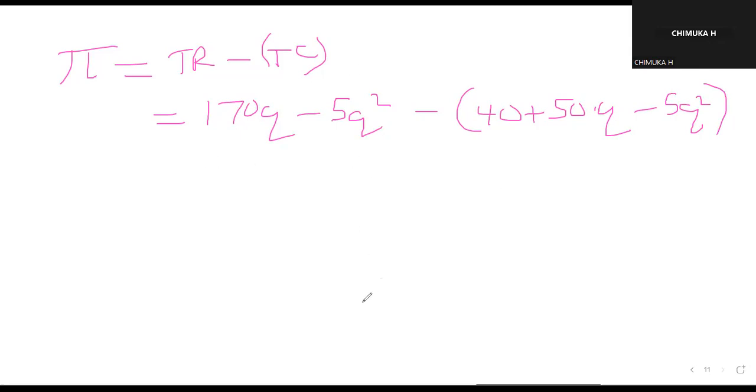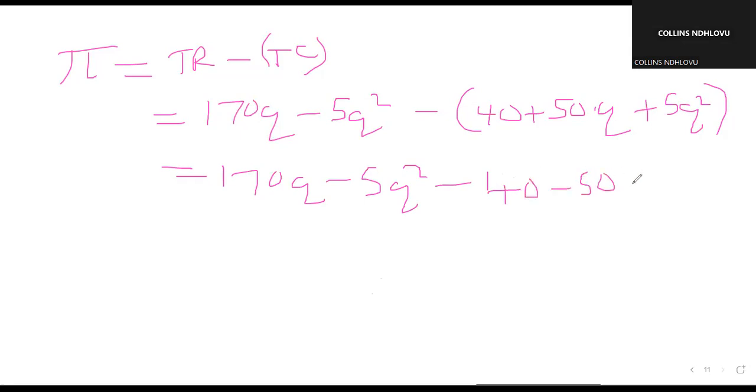So I advise that you put the total cost in brackets so that the negative operation will apply. So the negative here will negate everything in the bracket. If there's anything positive, they will become what? Negative. Anything negative, they become positive.